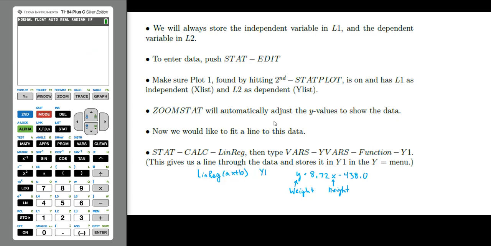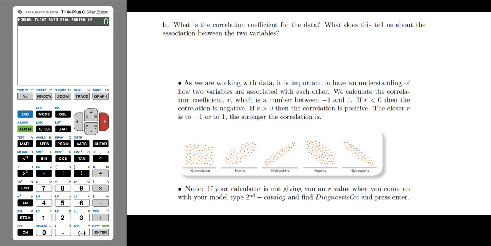Okay, now on the next page here, it asks us, what is the correlation coefficient for the data, and what does this tell us about the association between the two variables? Okay, so we'll talk about how to find it in the calculator in just a moment, but just some basic principles first of all.